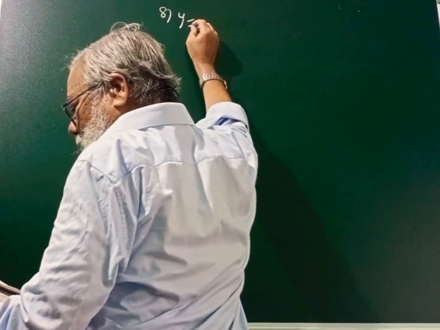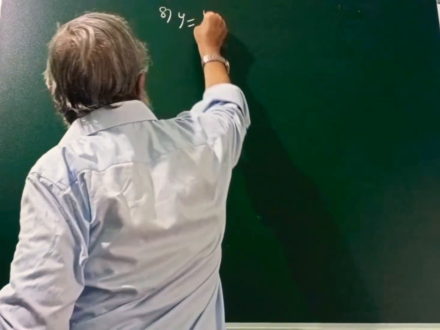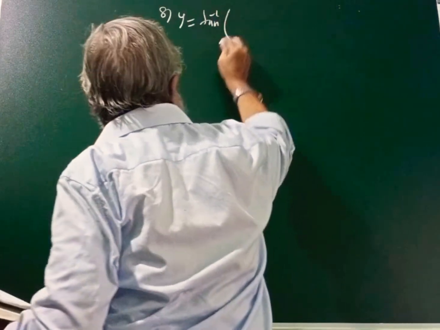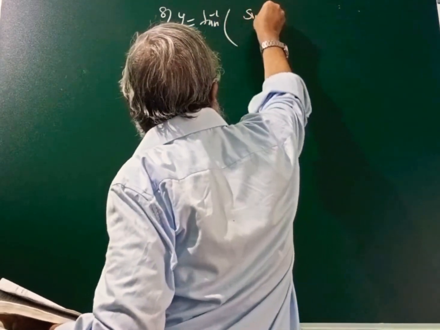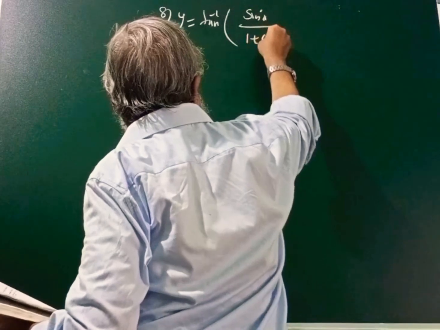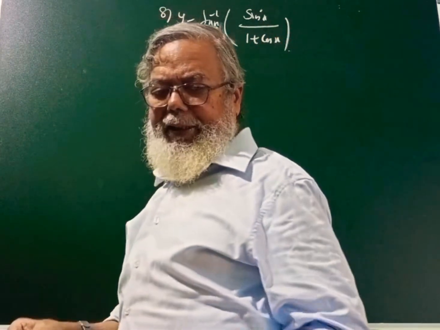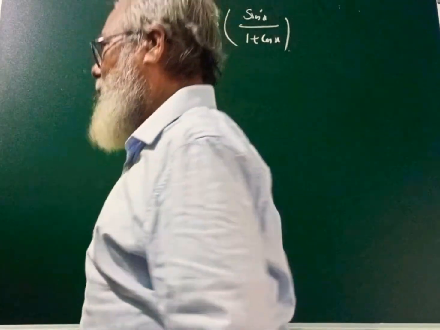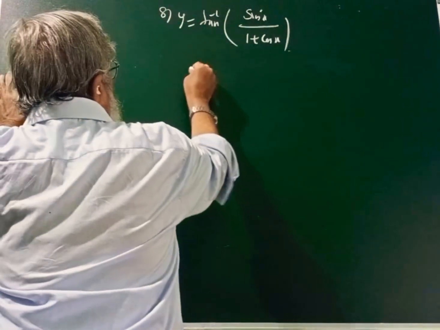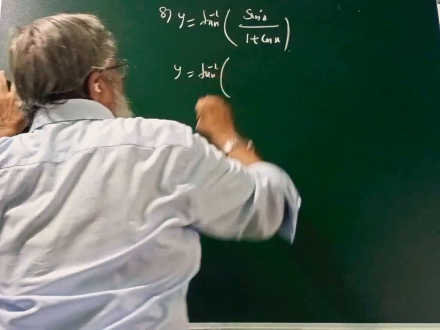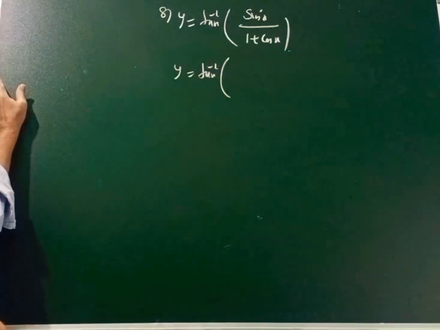y is equal to tan inverse of sin x by 1 plus cos x. Again we make it short by applying the trigonometric formulas. Let us make use of the half angle formulas.